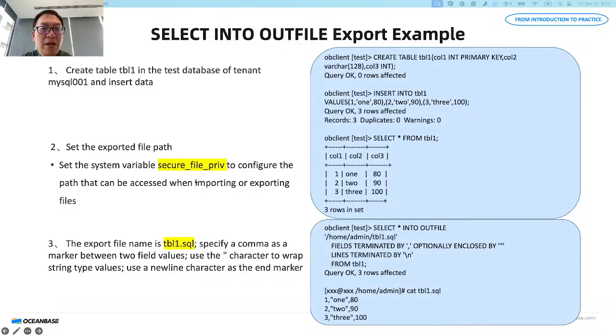This variable configures the paths that can be accessed when importing and exporting files. Finally, we can execute the export command to get the exported file, named table1.sql. We can use the cat command to check the content in the export file.